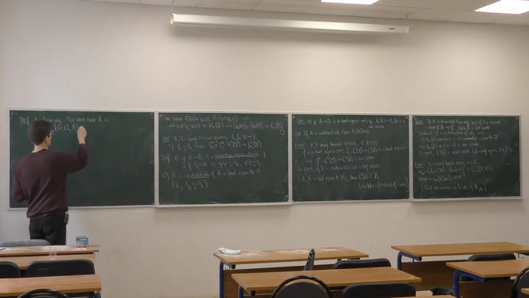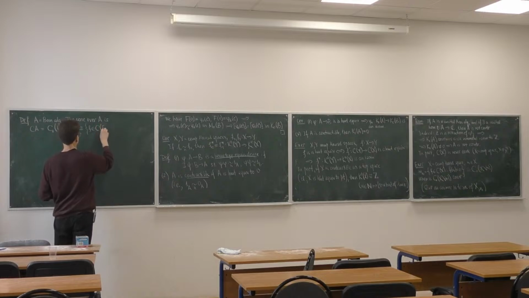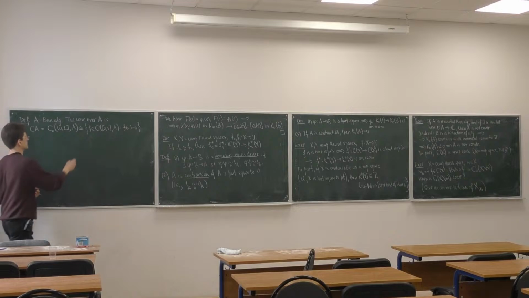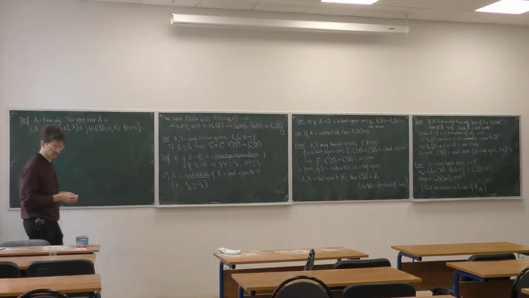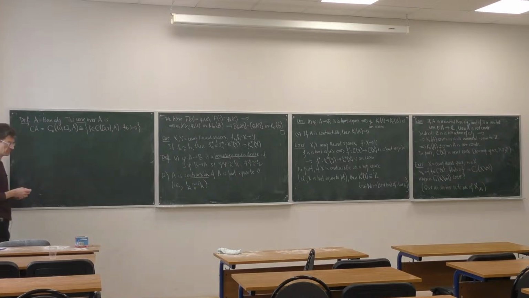So more explicitly, this algebra can be identified with the algebra of those continuous functions from the closed interval 0, 1 to A, which vanish at 0. Of course, the norm on this algebra is just the usual supremum norm. How is this construction related to the topological cone? Well, here's an answer.